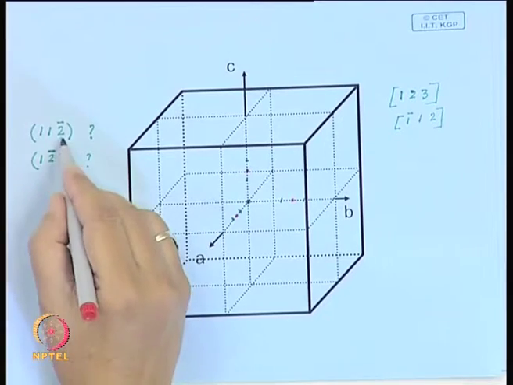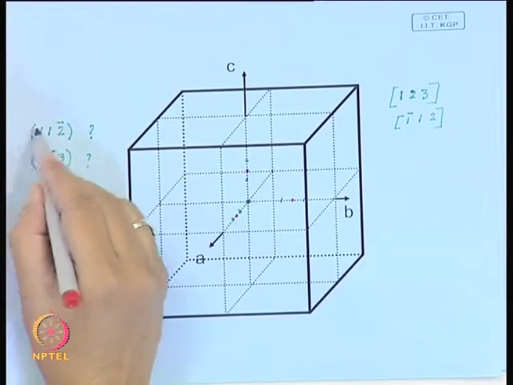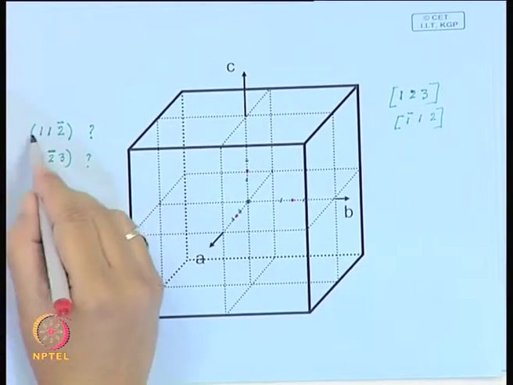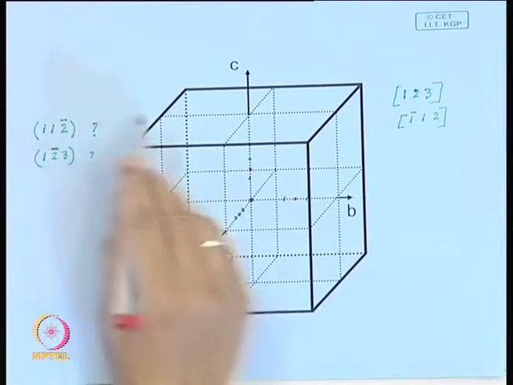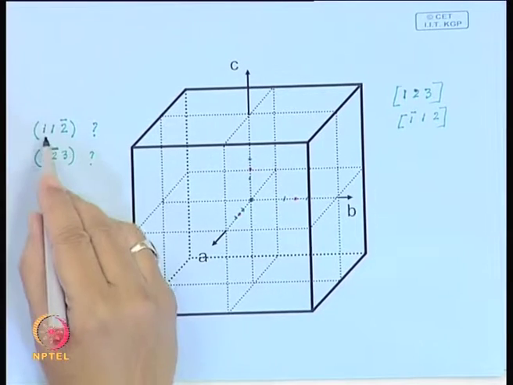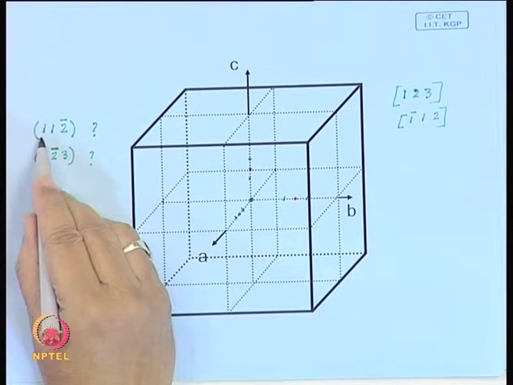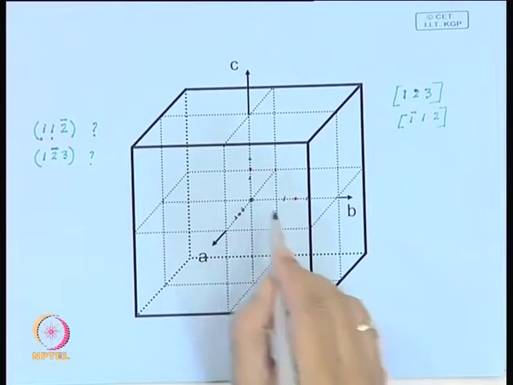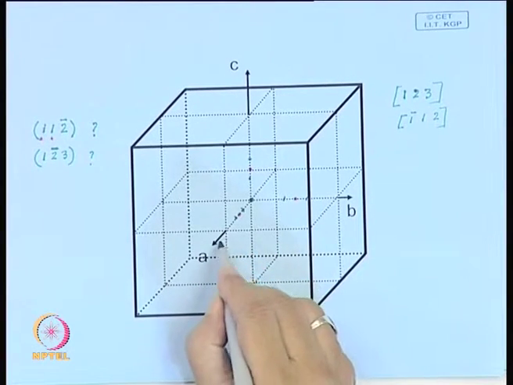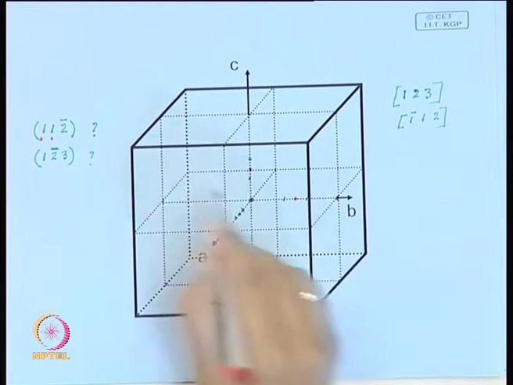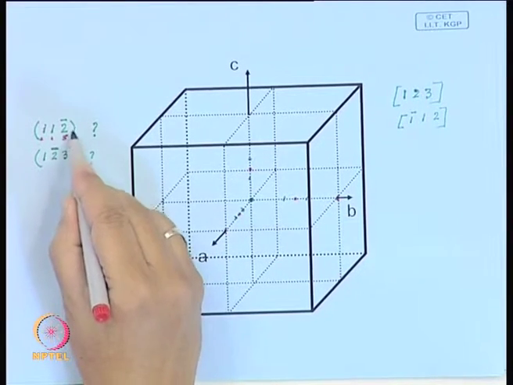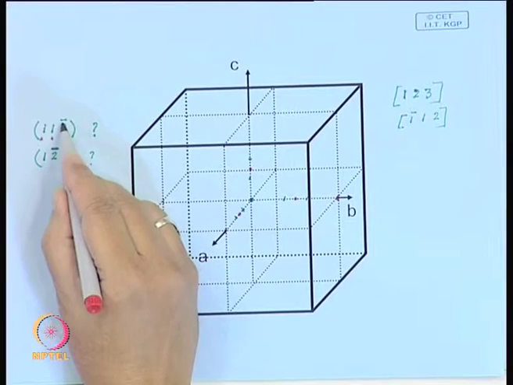How do you represent, suppose the indices of a plane is given, say this is 1, 1, 2 bar. So, how will you represent this here? So, it intersects A axis at 1, B at 1, and C at 2 bar.